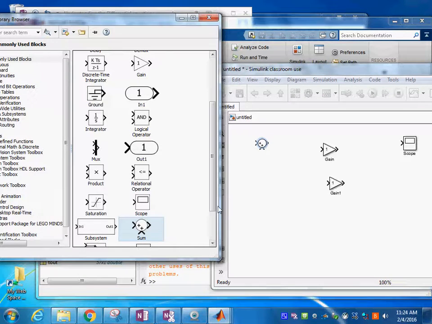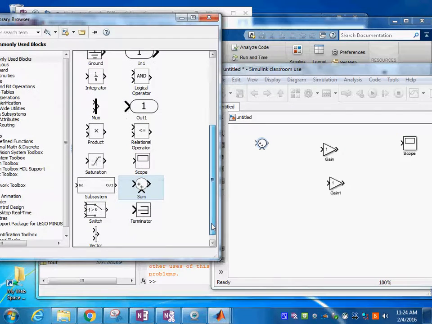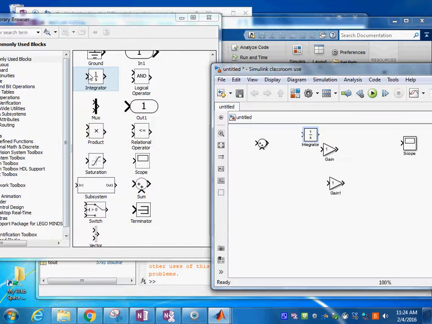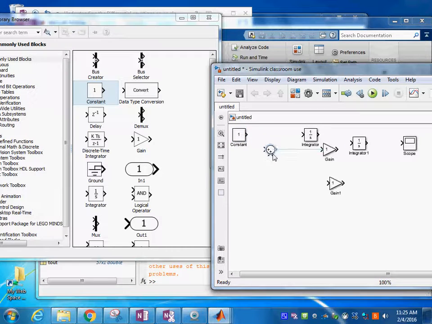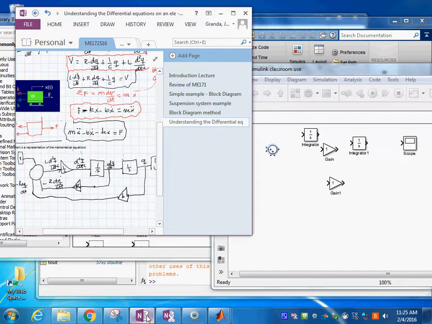Okay. So we have those. We have the two integrators that we need. We need this too. How many variables around the loop? Four of them, right? One positive, two negatives.